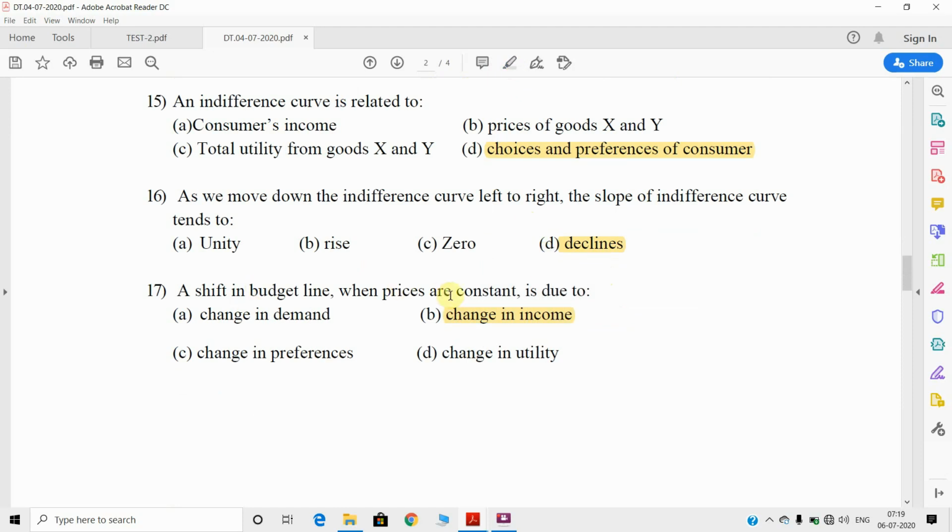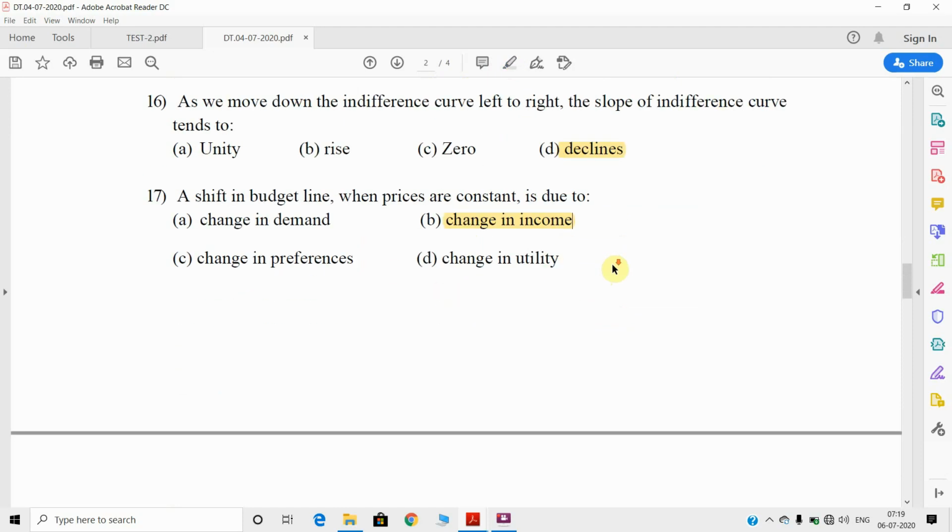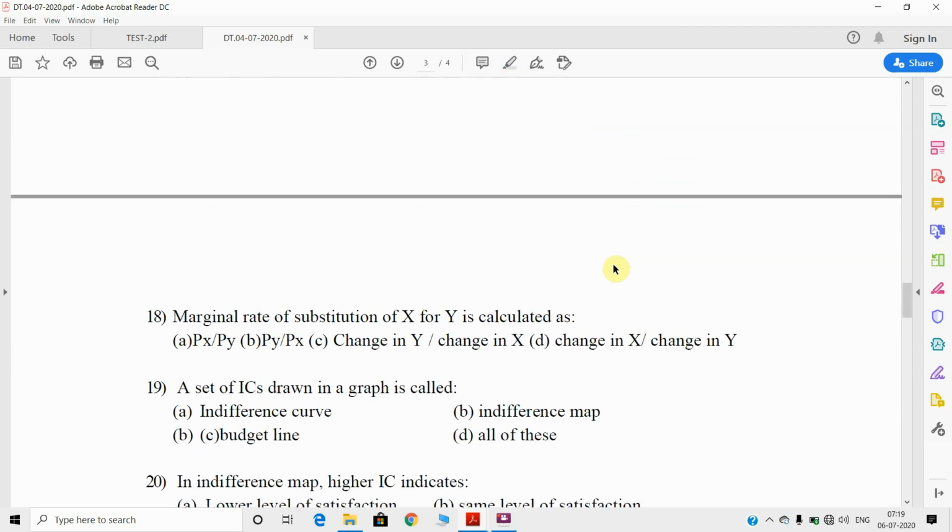A shift in the budget line is due only to the change in income. Then 18. The marginal rate of substitution of x for y is calculated as, the answer will be C, the change in y divided by the change in x. That means del y by del x.